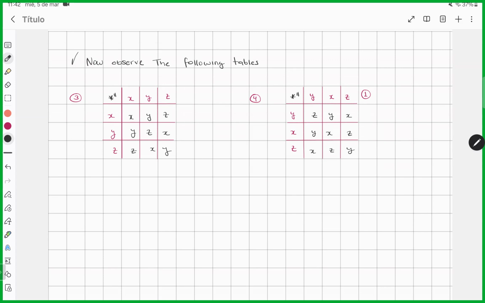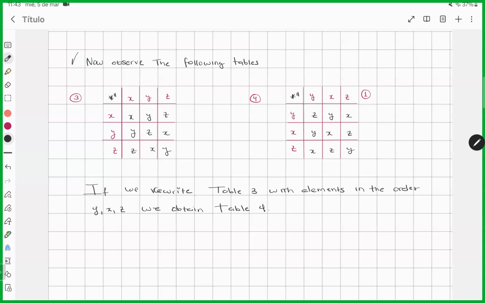So what we observe here very easily is, if we rewrite table 3 with elements in the order J, X, C, we obtain exactly table 4.